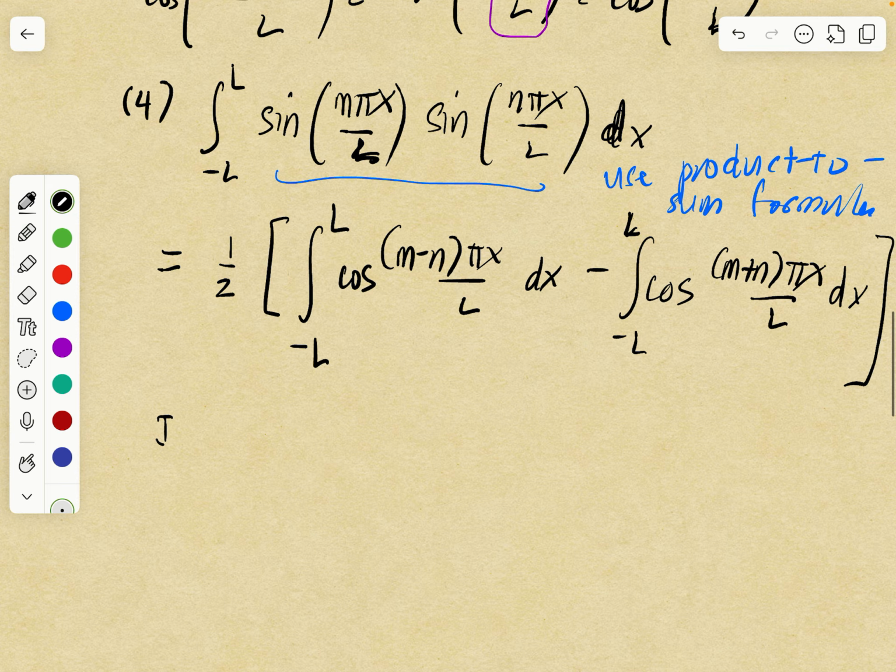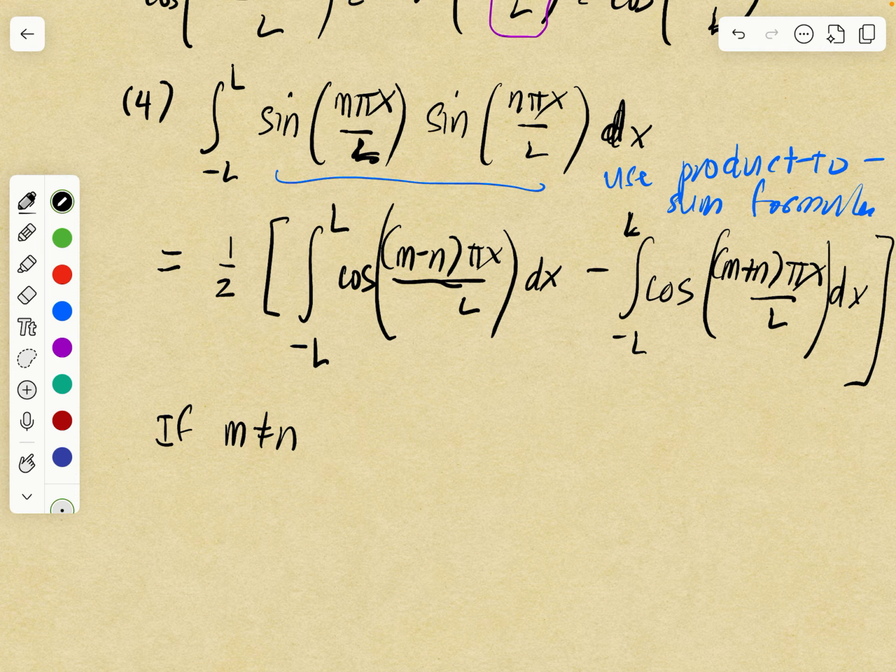Now let's say that m is not equal to n. Now we see that we have an integral of cosine. By the way, you usually don't have to write parentheses when you have cosine, but I'm just going to write it like this. So if m is not equal to n, then you get cosine of some integer times pi x over L. My m minus n would be like my k here.